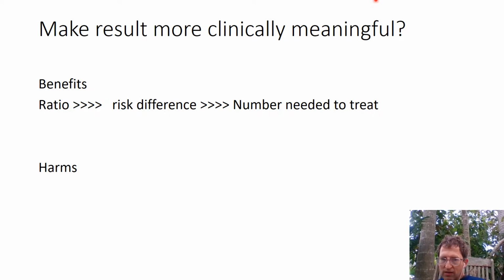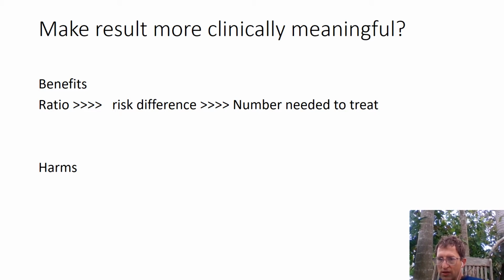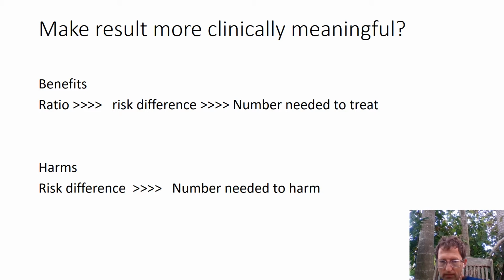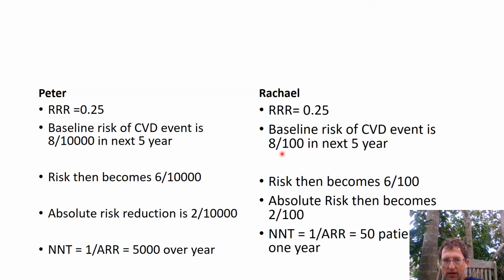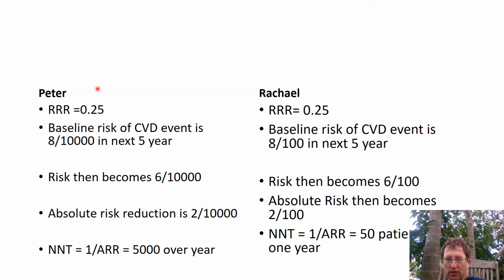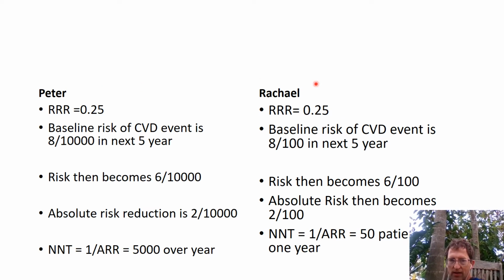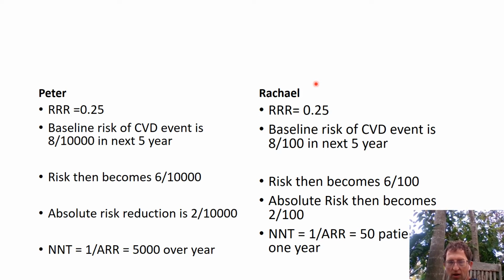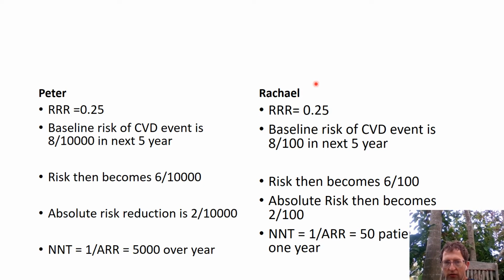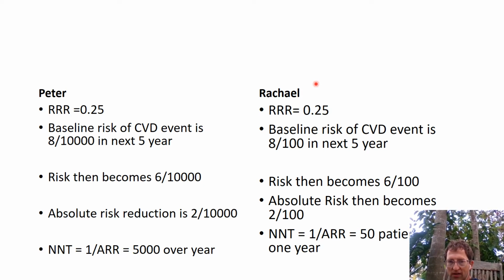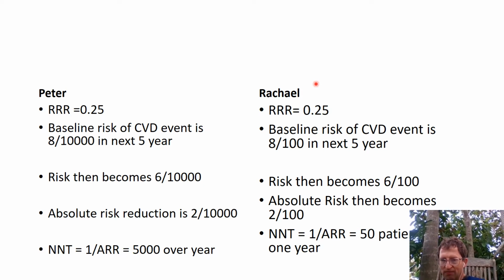So let's have a look at the next slide just to see a little bit more about ratios converting to risk difference to number needed to treat. So let's say there's an imaginary patient Peter and imaginary patient Rachel, and we know this study says a statin shows there's a relative risk reduction over a 5-year period of 25% in cardiovascular events.